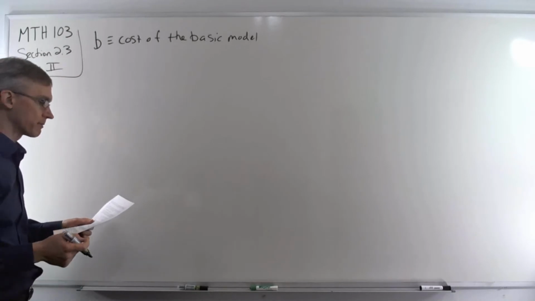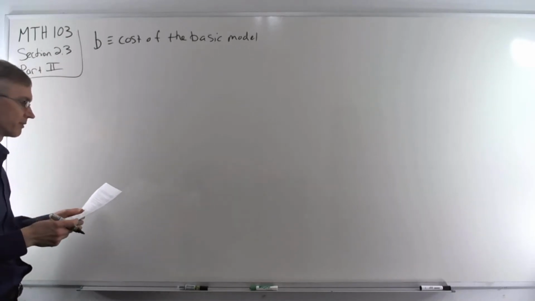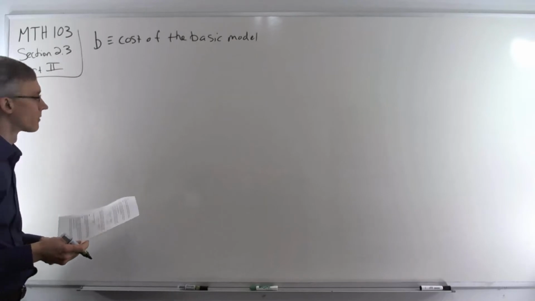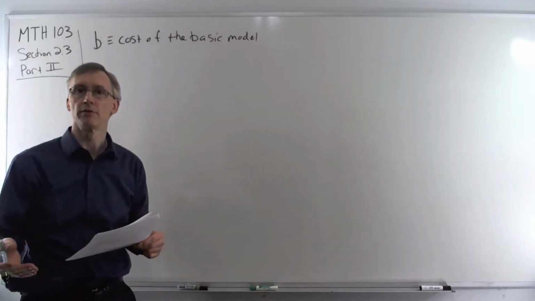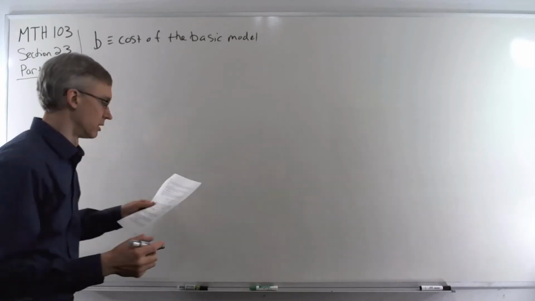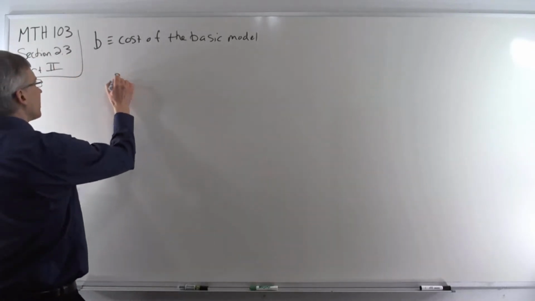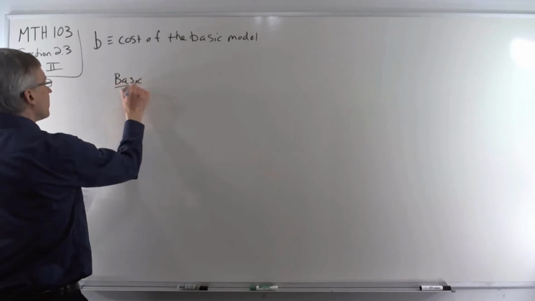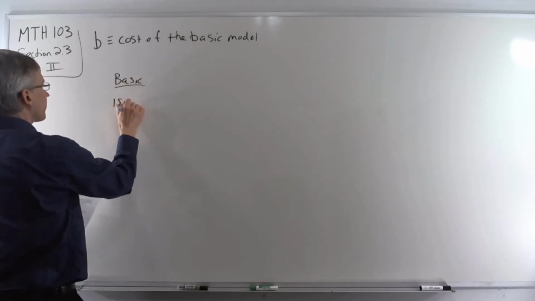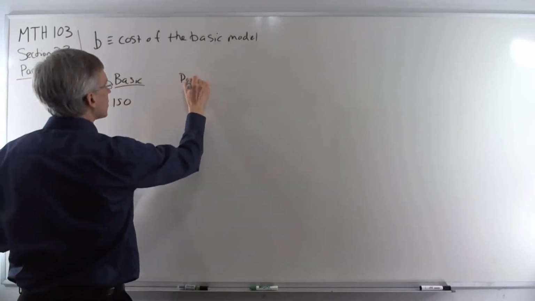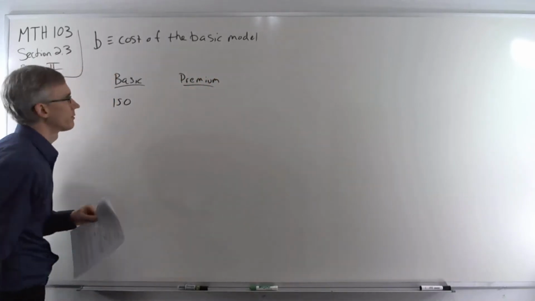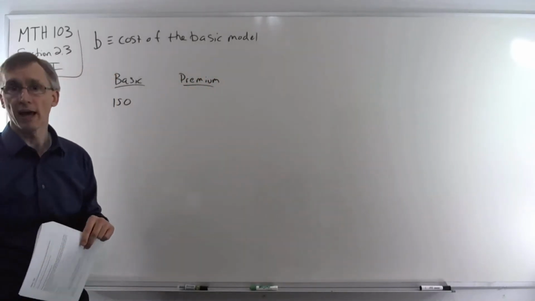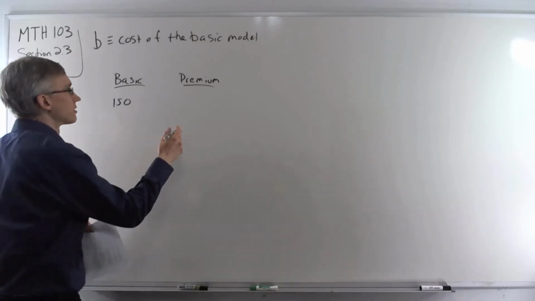Now we know that the basic model is always $100 less than the premium version. So I just want to think this through with some real numbers. Let's say the basic model is $150. If this is $100 less than the premium model, then we have to add $100 to get the premium model.